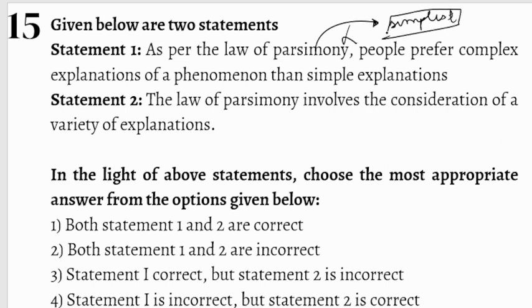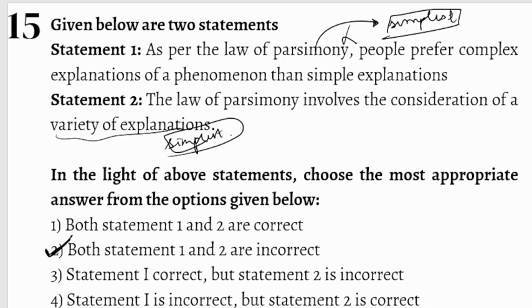We prefer the simplest explanation which is there. And the second statement says that the law of parsimony involves the consideration of a variety of explanations. No, it would just consider the simplest explanation. That's it, and they would consider it to be the correct one. So both these statements are incorrect. So 2 is going to be our correct answer here.